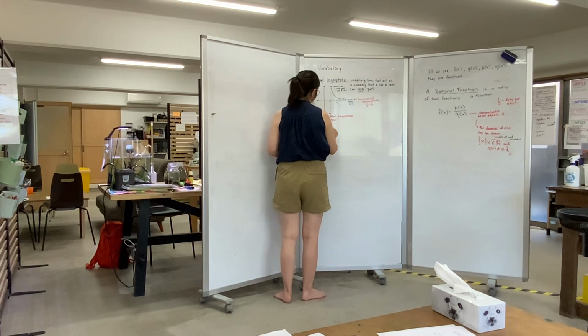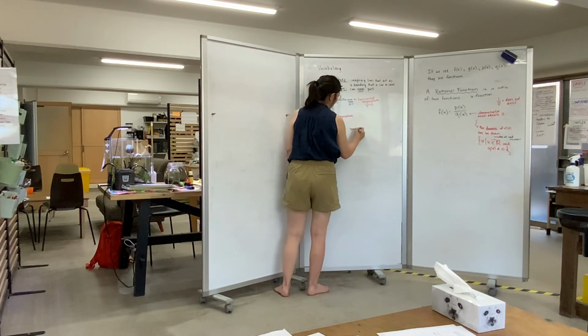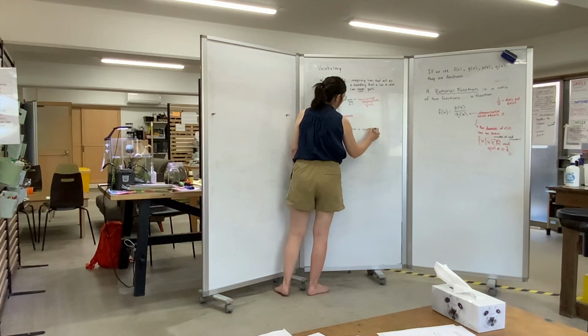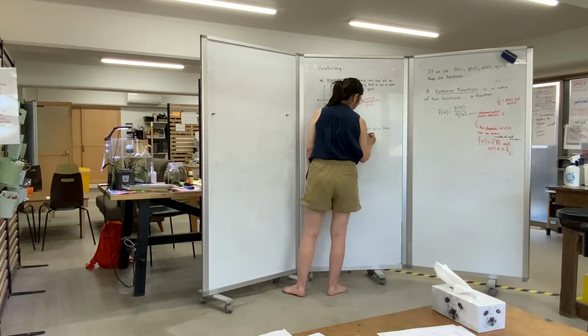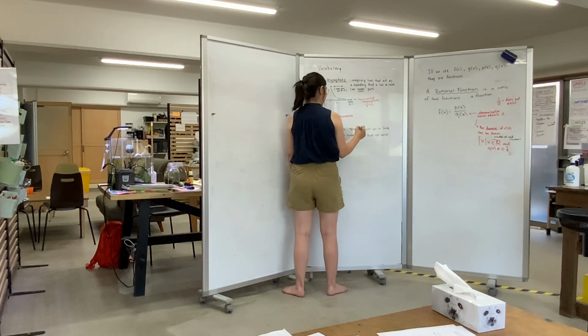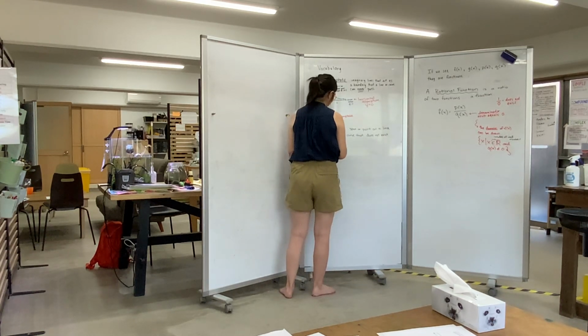The next big vocabulary word is hole. A spot or point on a line or curve. It is represented by an open hole.